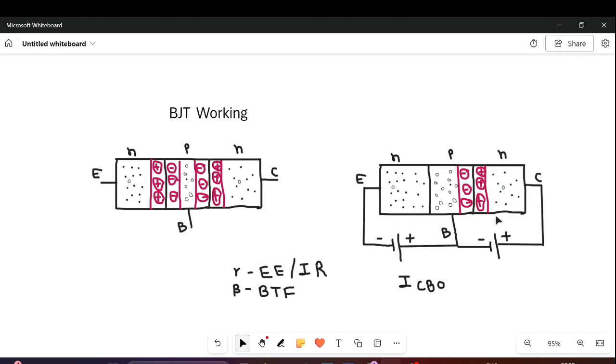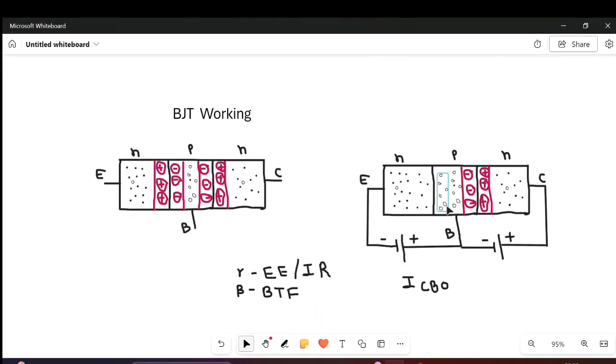Because of the movement of these electrons, and also the minority carriers present in the respective regions, the current is nothing but the collector current. The ratio of the collector current to the total emitter current is nothing but the base transportation factor.